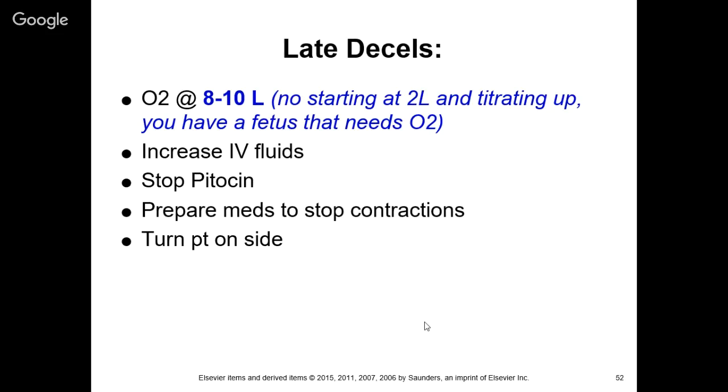And turn the patient on their side. So: oxygen, increase fluids, stop Pitocin, prepare to stop contractions if you need to, which would be a different medication, and then turn the patient on their side. So make sure you know this.